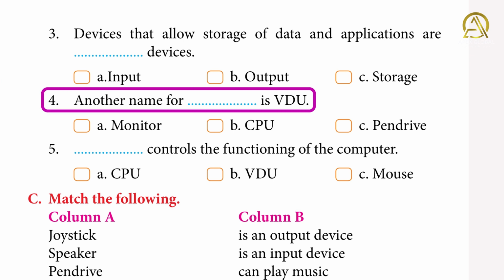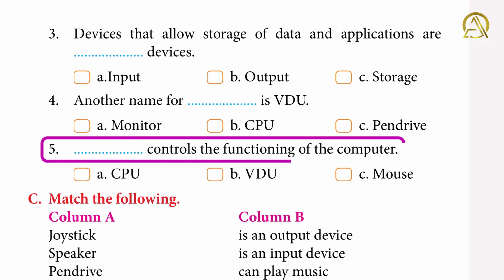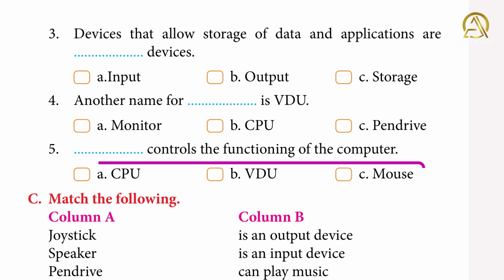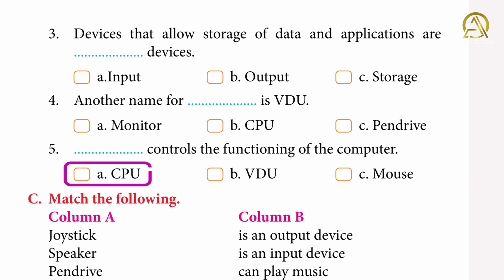4. Another name for dash is VDU. A. Monitor. B. CPU. C. Pen drive. Answer A. Monitor. 5. Dash controls the functioning of the computer. A. CPU. B. VDU. C. Mouse. Answer A. CPU.